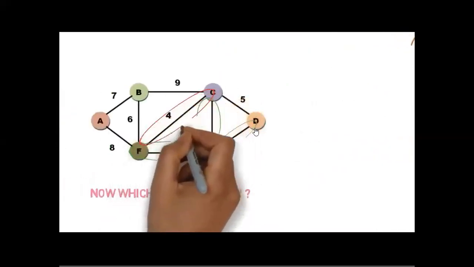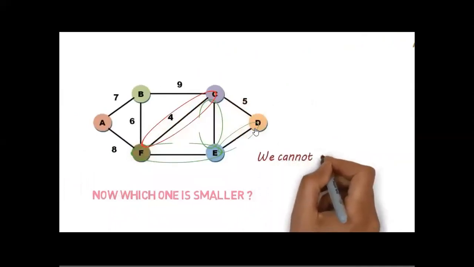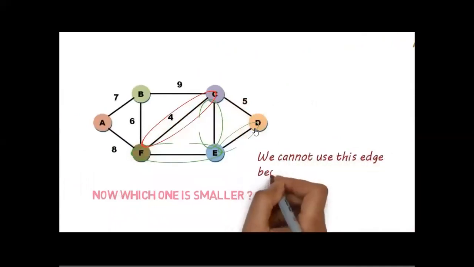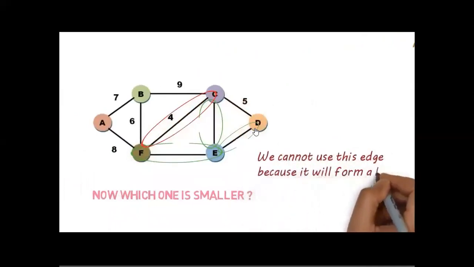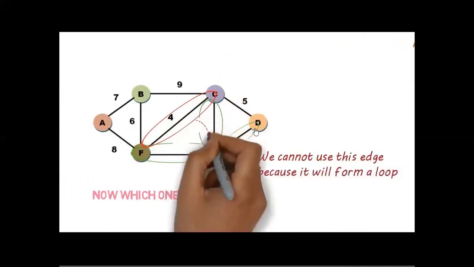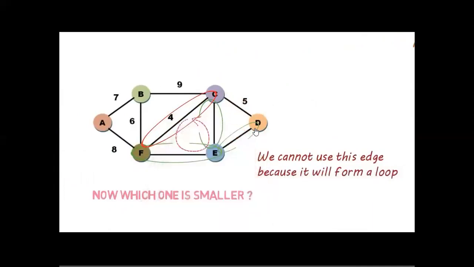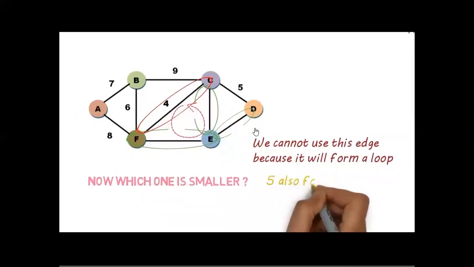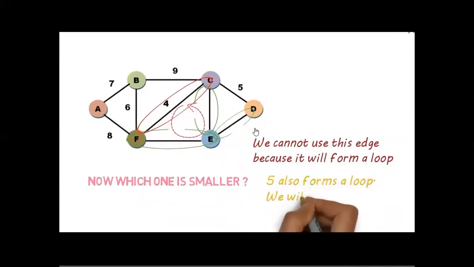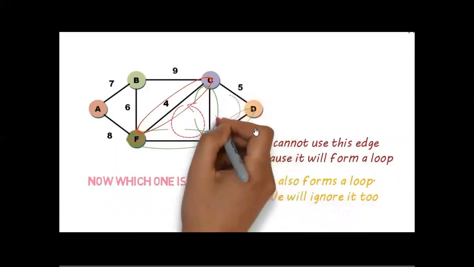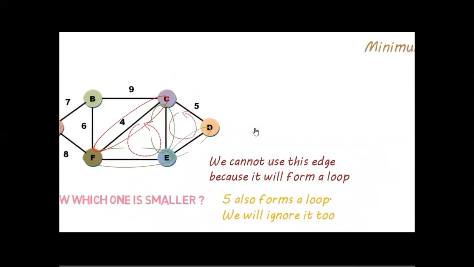Next weight is C to F with weight 4. We cannot use this edge because it will form a loop. So mainly we have to concentrate on loops, so as not to form loops. So here 5 also forms a loop, so we have to ignore it.